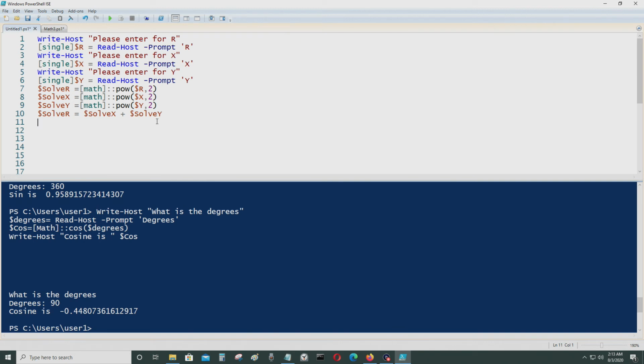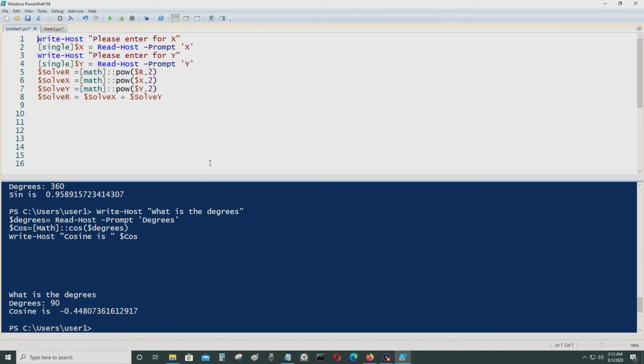See if it did that right. We would have to use if and else if statements for this. I'll do that next time. So we'll just make it simple. We'll just solve for X and Y. Just enter for X and Y basically.